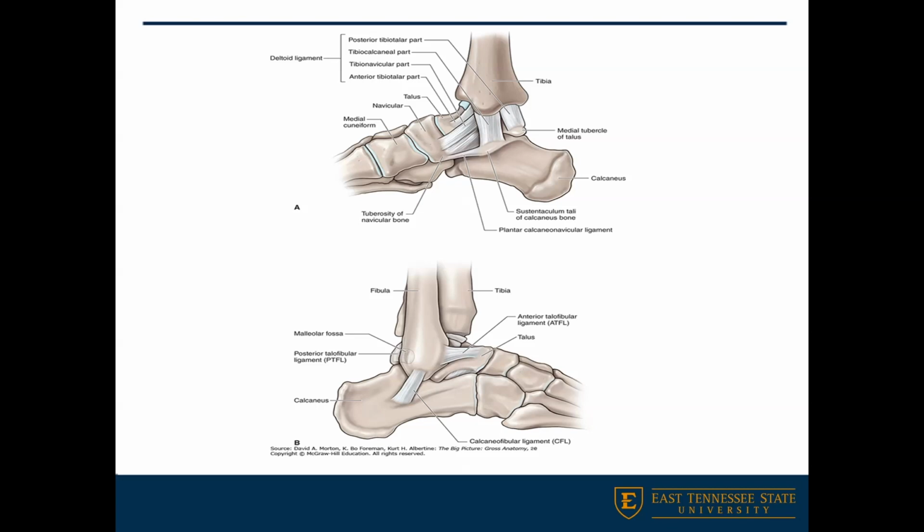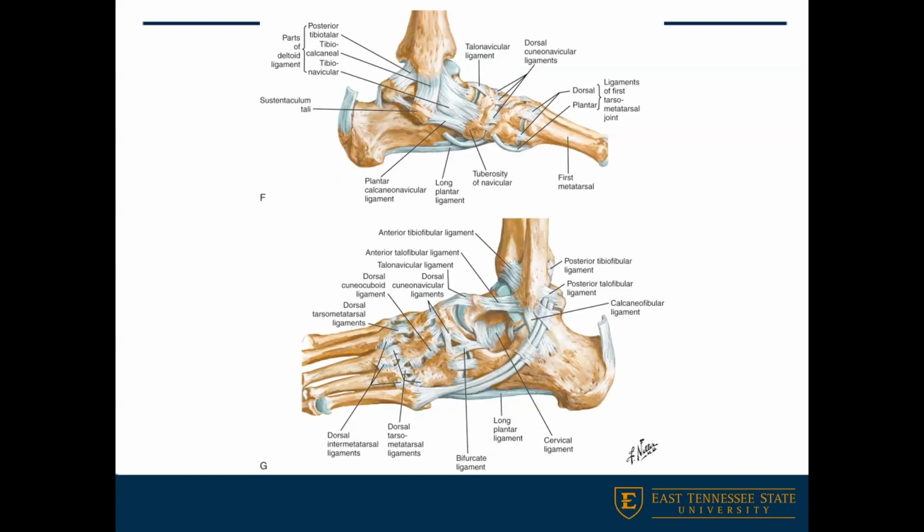Metatarsals are numbered 1 through 5. Now, in regards to phalanges, toes 2 through 5 have proximal, middle, and distal phalanges. The great toe has only proximal and distal phalanges.